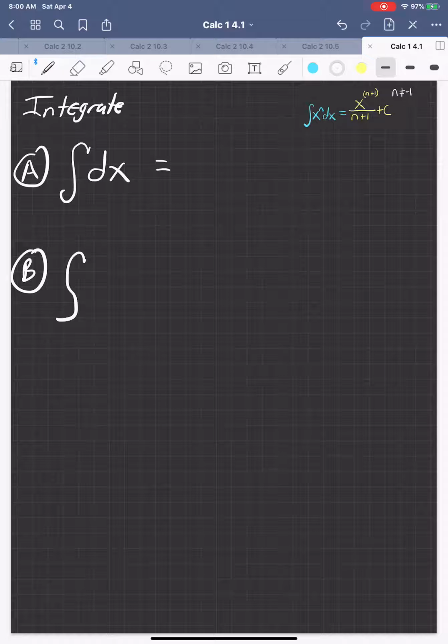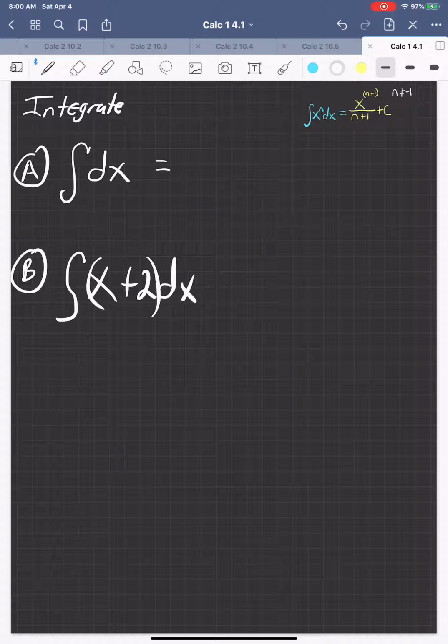I'm going to integrate x plus 2 with respect to x. I chose these two particular problems, even though they're very easy. For some reason, they elude students now and again. So first, we want to integrate dx, and you're thinking, wait a minute, Professor, what is even in there?